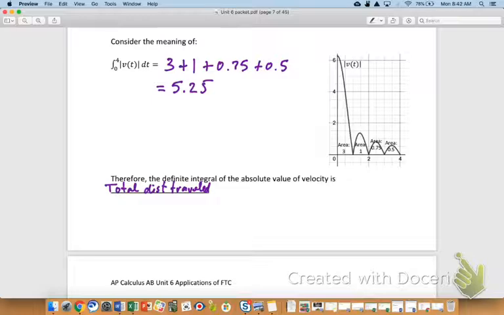So why would this be total distance traveled? You guys know on your car, you obviously have your speedometer. You ever notice the odometer? What does the odometer measure? Total distance traveled, that's right. So think about it like this. If your odometer, instead of being an odometer, was like a displacement-ometer, how could you make your displacement-ometer 0? As far as you drive forward, you drive reverse.